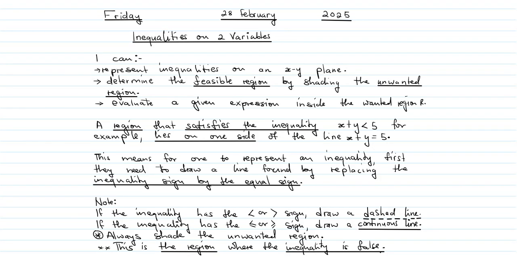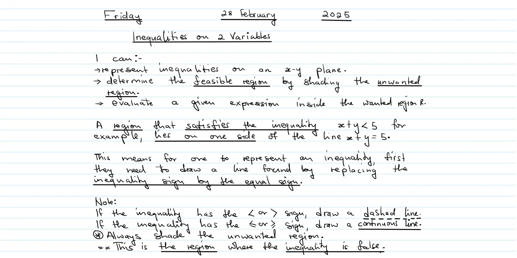So we want to explore various things, and by the end of this lesson, we should be able to do the following. First one is we should be able to represent inequalities on an XY plane. Now, when we say represent an inequality, you should be able to draw the line, you should be able to determine which one is the wanted region, and then shade the unwanted region.